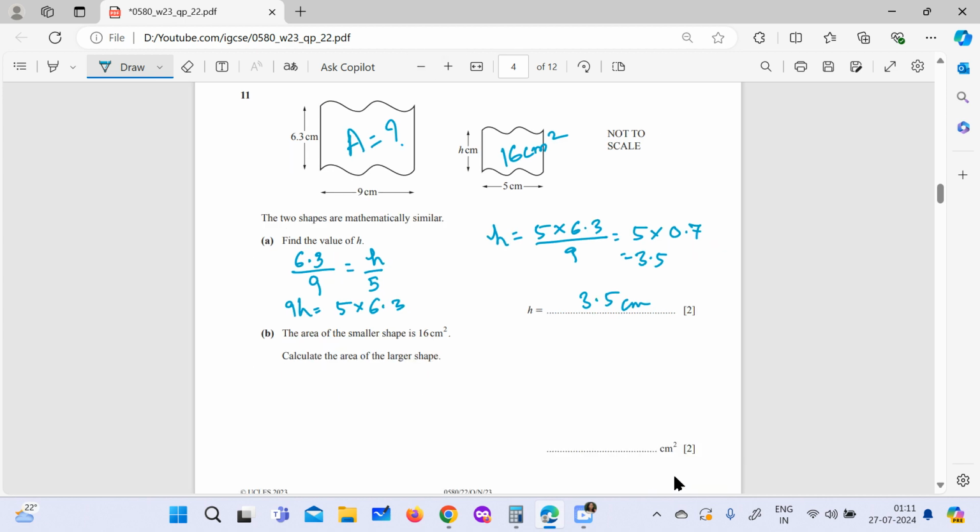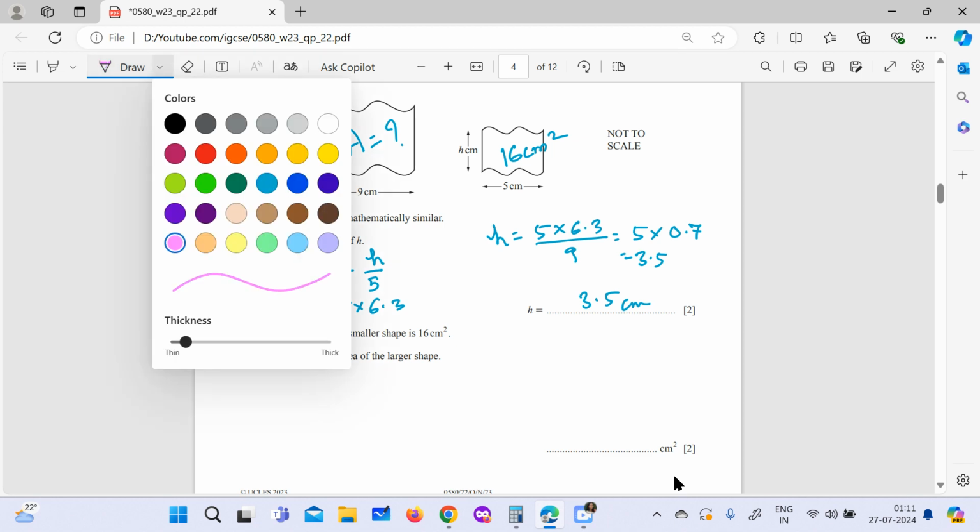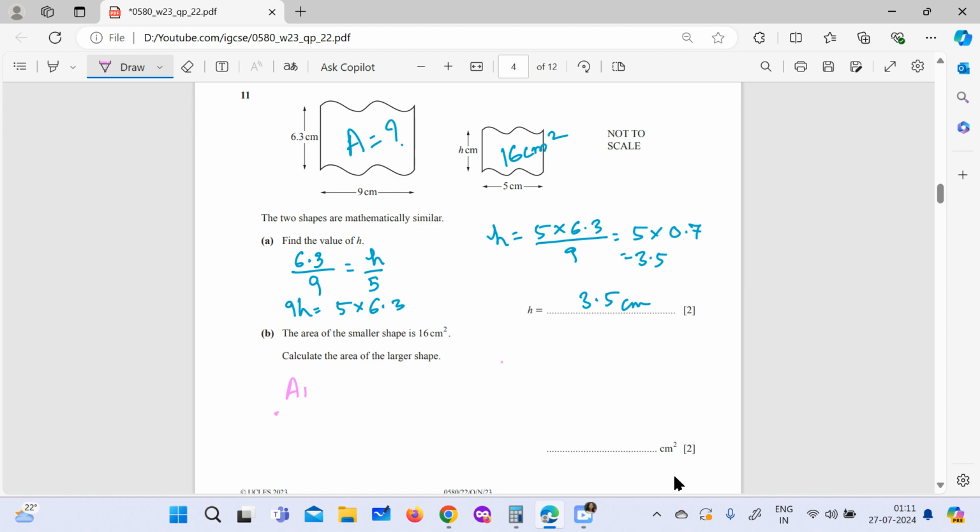Now how to work on it? If you remember the relationship between the ratio of areas and the ratio of lengths: the ratio of areas is equal to the ratio of lengths whole squared.